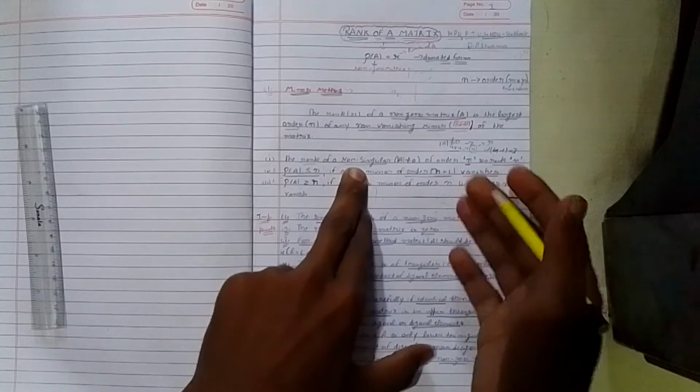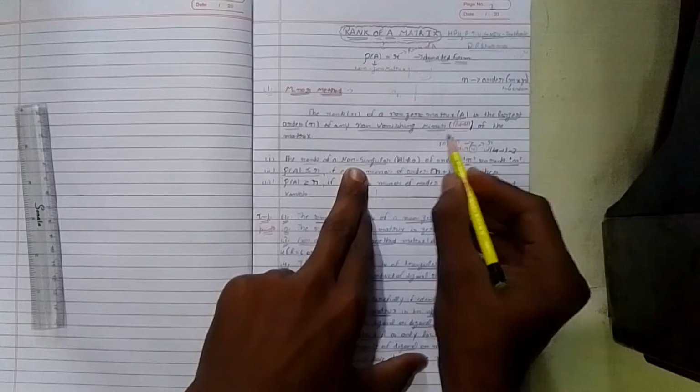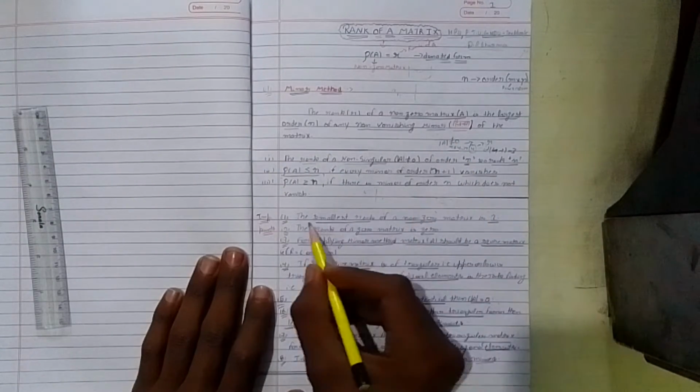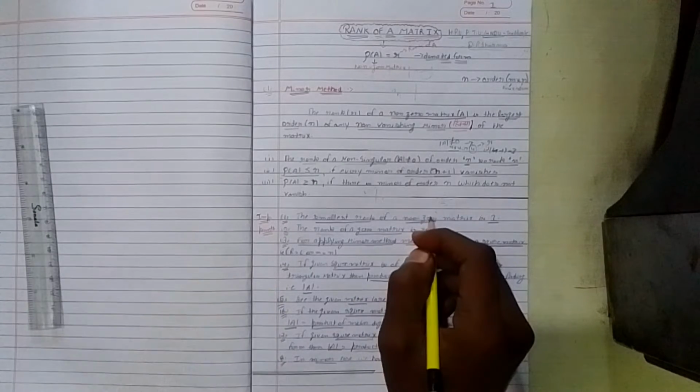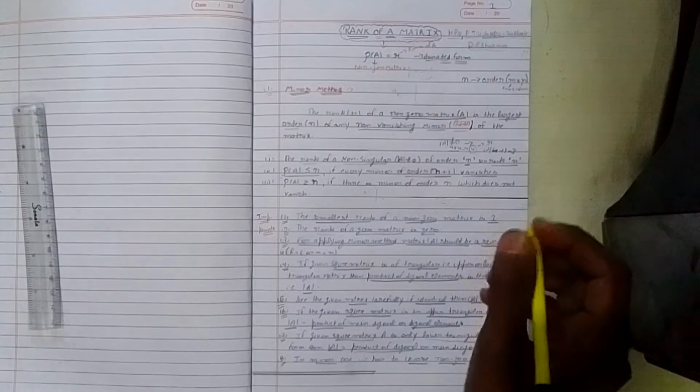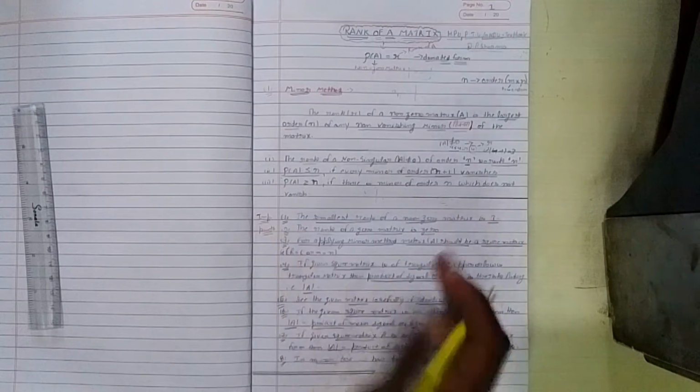Then you consider 2 rows and 2 columns from this matrix and it also gives you 0, which means a singular matrix. Then the smallest rank of this non-zero matrix is 1. Learn this point, it's very important.